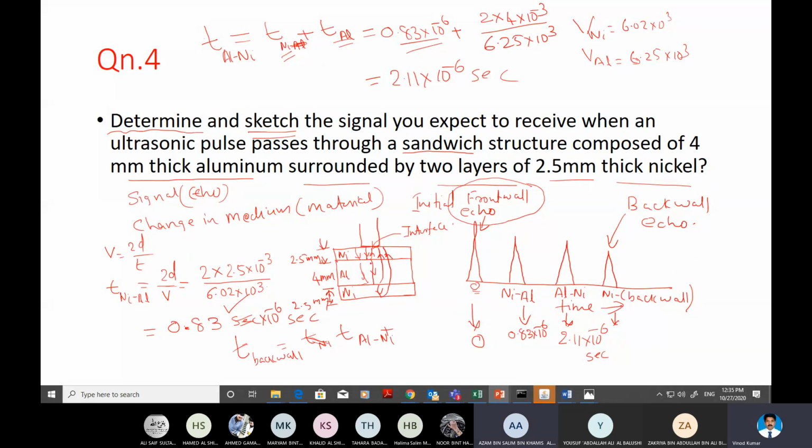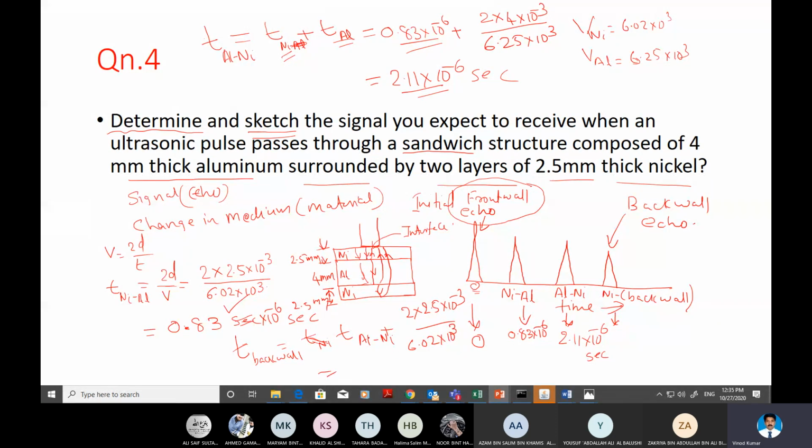The total time we calculated up to here is 2.11. Now we need to calculate only for nickel and add it to the aluminum. See, the time required for the ultrasonic wave to travel from the transducer to the aluminum nickel interface we have, plus 2 times the distance for nickel here, 2.5 times 10 to the power minus 3 divided by the velocity for nickel, 6.02 times 10 to the power 3.